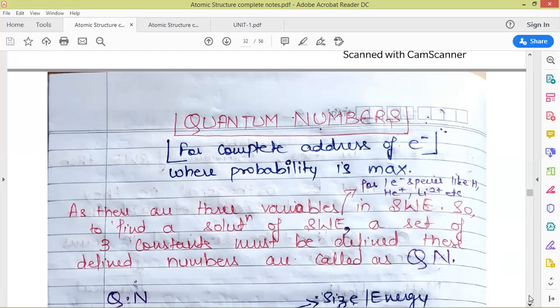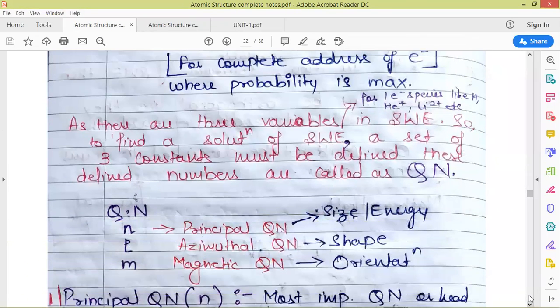We want to know the complete address of the electron, that is, where the probability is maximum. So a set of 3 constants must be defined, and these 3 constants are called quantum numbers.